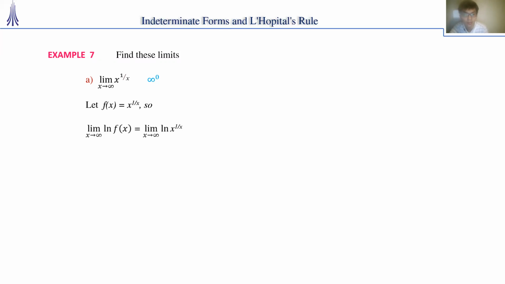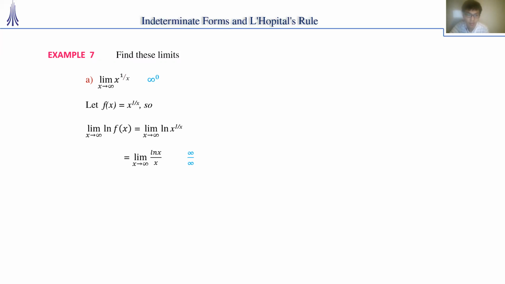So we got the limit as h approaches infinity of natural logarithm of f of h equal to the limit as h approaches infinity of natural logarithm of h to the power of 1 over h.